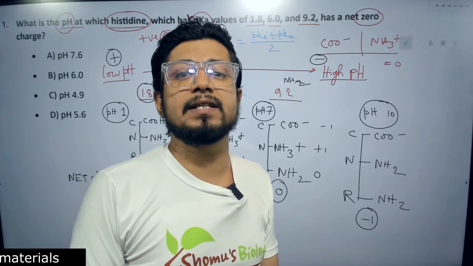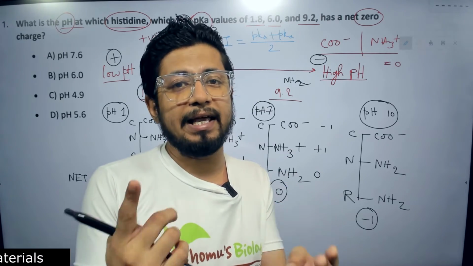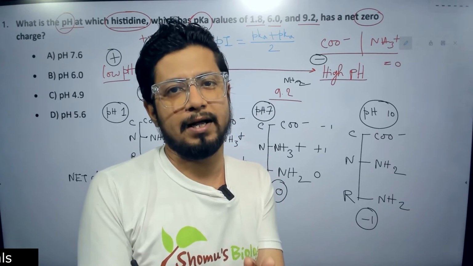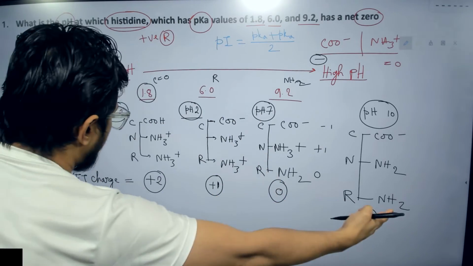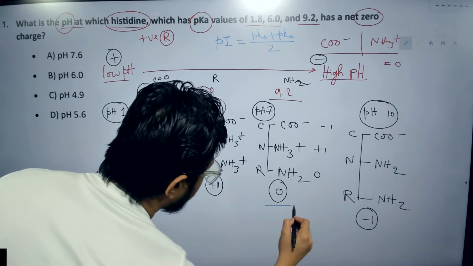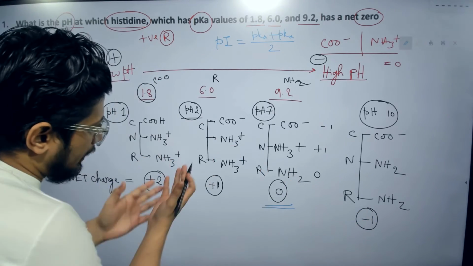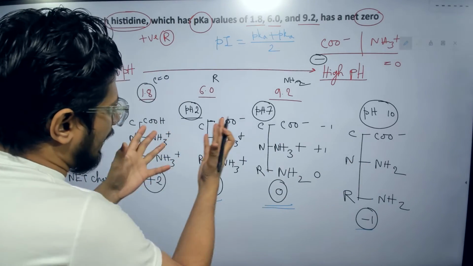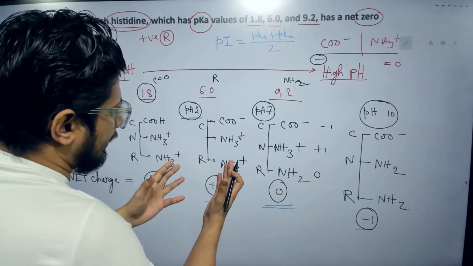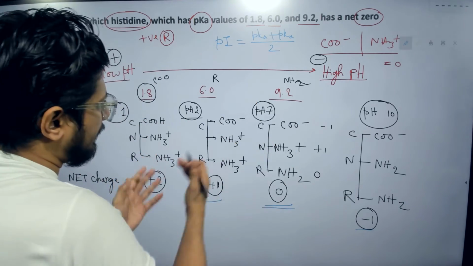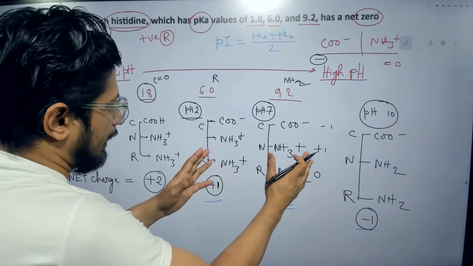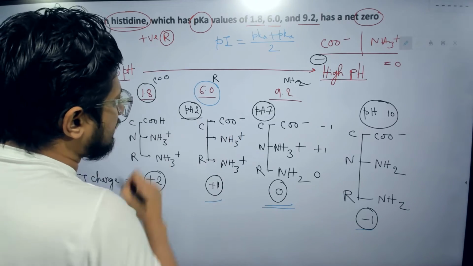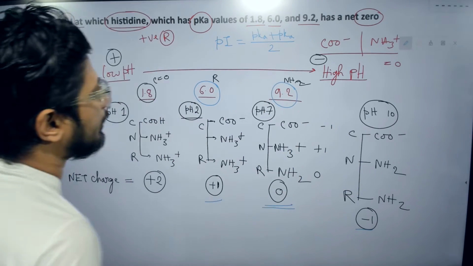We have to average the 2 pKs between which the net charge of the amino acid is 0. So if you look at the net charge of this amino acid, the net charge is 0 here. Before that it was +1 and after that -1. So the pK values before and after the net charge 0, we need to use those two values. The pK value before the net charge 0 is pK 6, after the net charge 0 is pK 9.2.